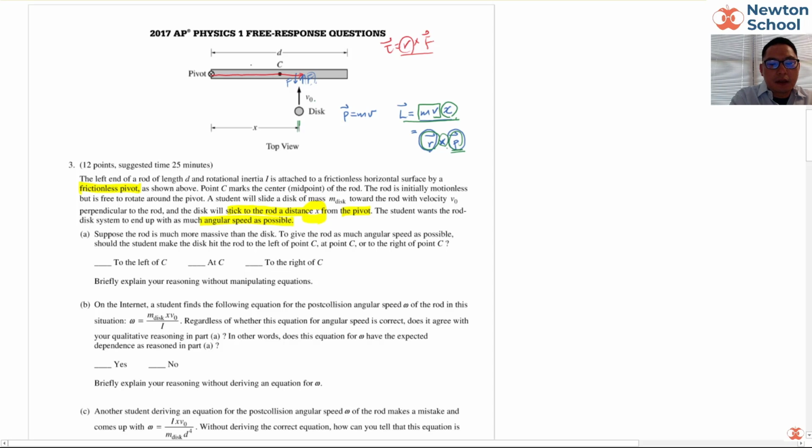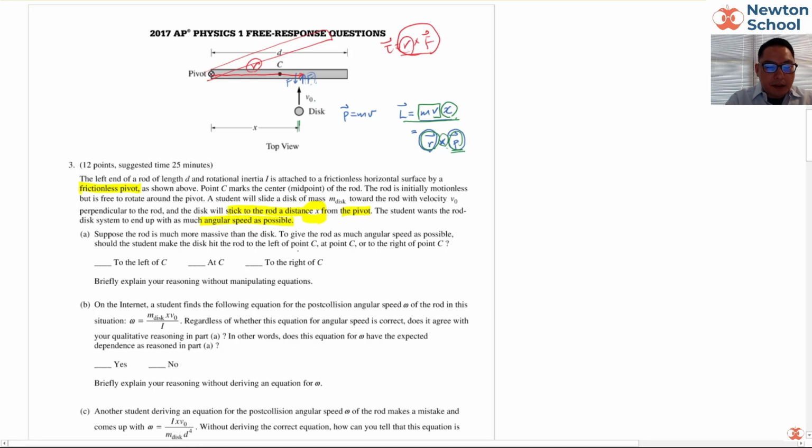So this is what the r vector is. So it's going to apply torque. Because you apply torque, the rod will gain angular speed or angular momentum.